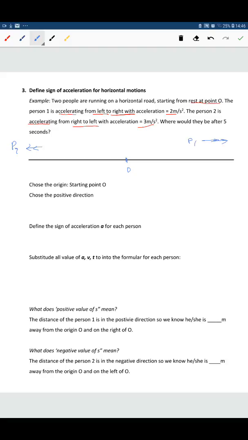It doesn't matter. The answer is still the same. So let's choose the positive direction from left to right. Then right to left has to be negative.